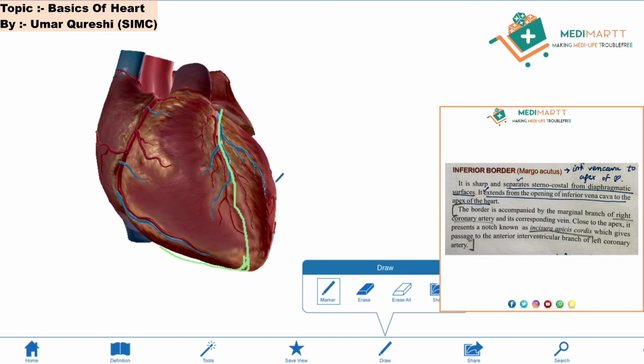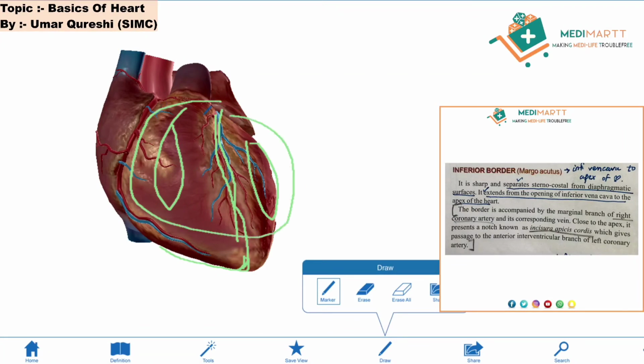This is the right atrium, the right ventricle, and this is the left ventricle. The groove between these two ventricles is called the interventricular groove, and as this is the anterior surface, it is called the anterior interventricular groove.